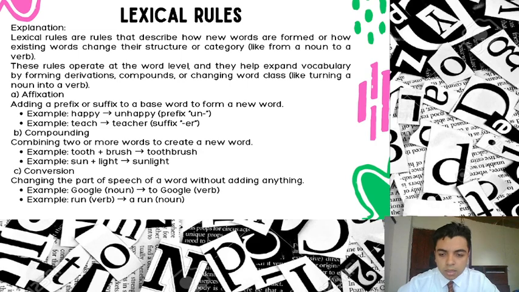Example: tooth plus brush, toothbrush. Example: sun plus light, sunlight. Conversion: changing the part of speech of a word without adding anything. Example: Google noun to Google verb. Example: run verb to a run noun.